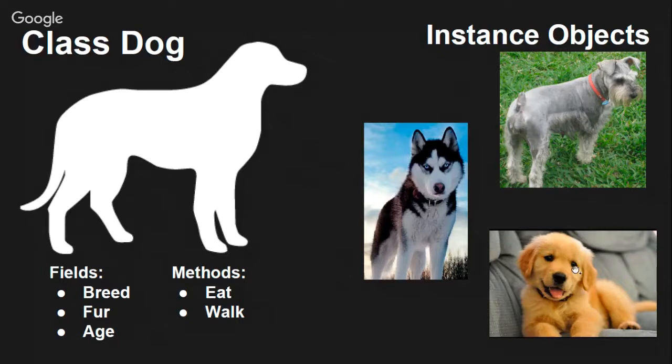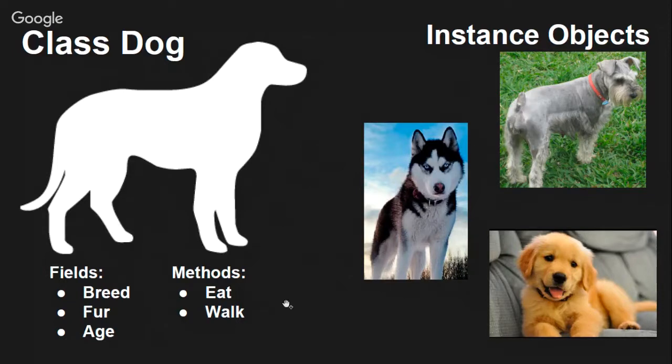And for example, this little puppy of a golden retriever breed with golden fur and maybe an age of 1. If you see, there's a difference between the class and the instance object. The class is just the representation. And the instances are all the objects of the type dog that are created.